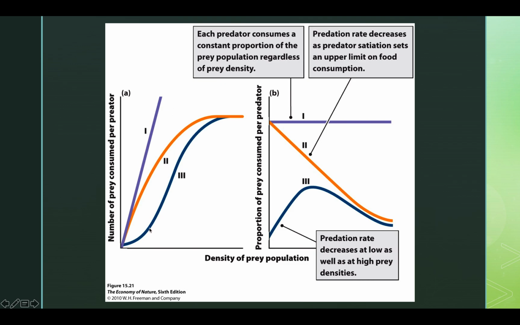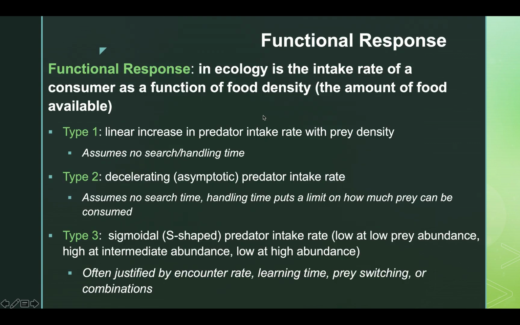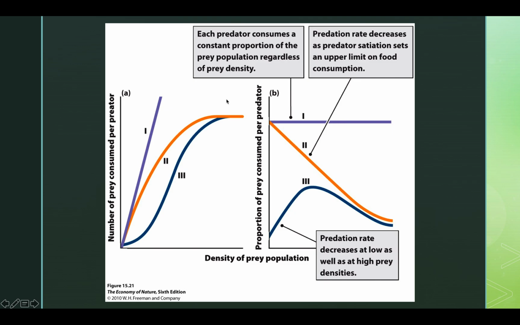Type 2 would be that as we increase, you're seeing an increased rate of prey consumption, but then it kind of levels out over this upper level of prey density because of increased handling time, right? So let me just jump back. This is this asymptotic predator intake rate. So essentially, handling time will ultimately put a limit on how much prey can be consumed.